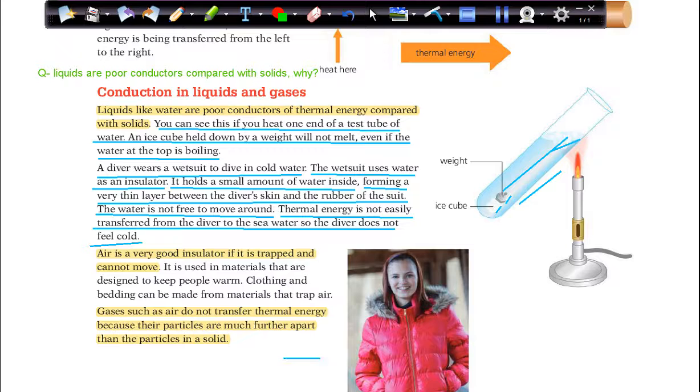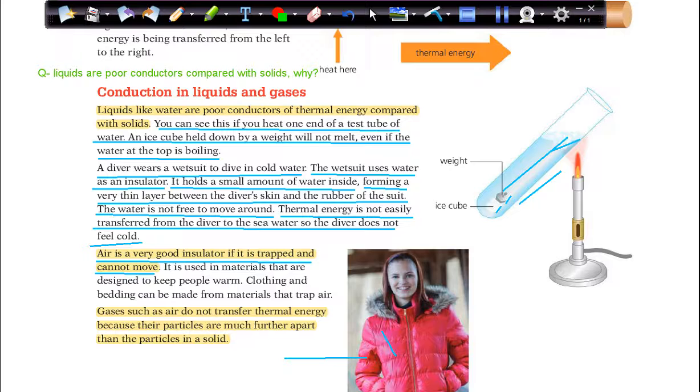As well as these suits or these clothes. Air is a very good insulator if it's trapped and cannot move. So here in these jackets, they are using a kind of cotton, so it will trap the air in. This air will work exactly like the water in the wetsuit.